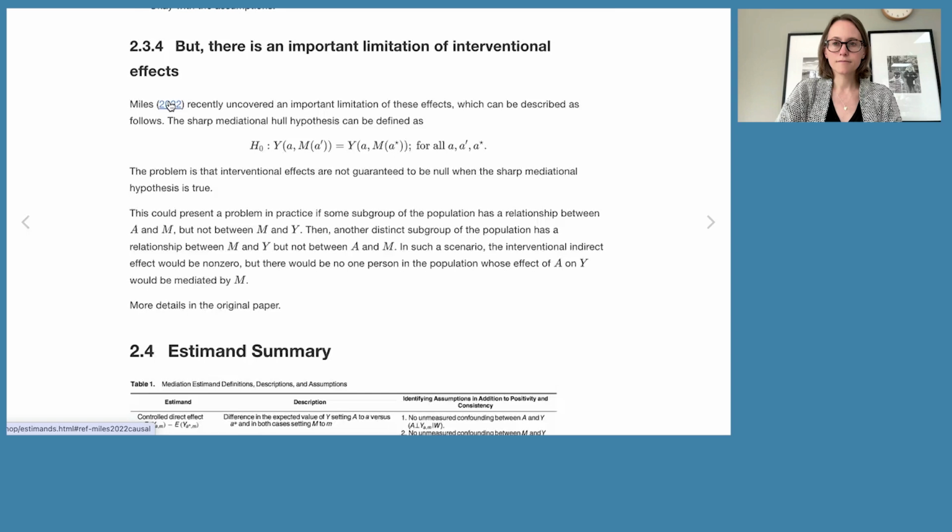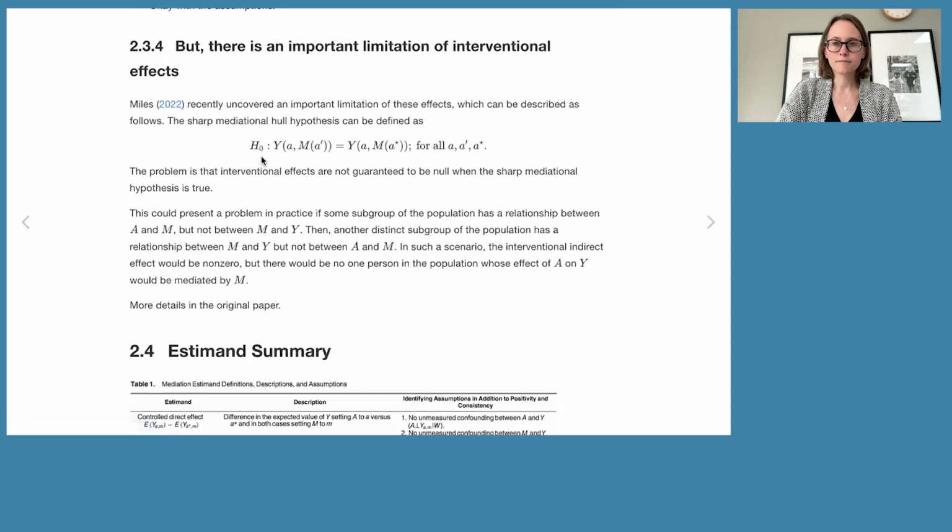Interventional effects, because we're drawing them from these distributions of mediators, can be non-zero in the case where we have one subset of the population that has a relationship between the treatment and the mediator, and a totally distinct subset of the population that has a relationship between the mediator and the outcome. In that particular case, we can have an interventional indirect effect that's non-zero, even though there is no one person in the population whose effect of A on Y is mediated by M.